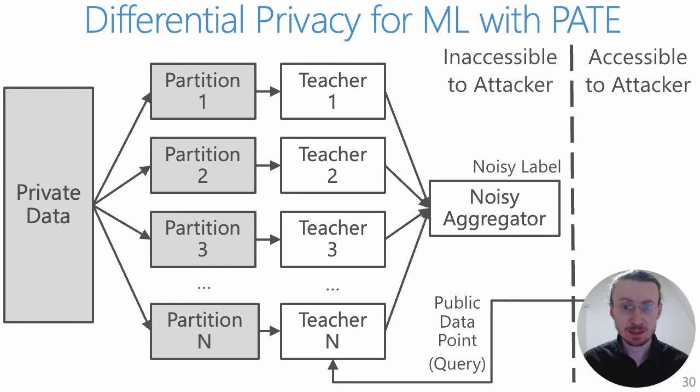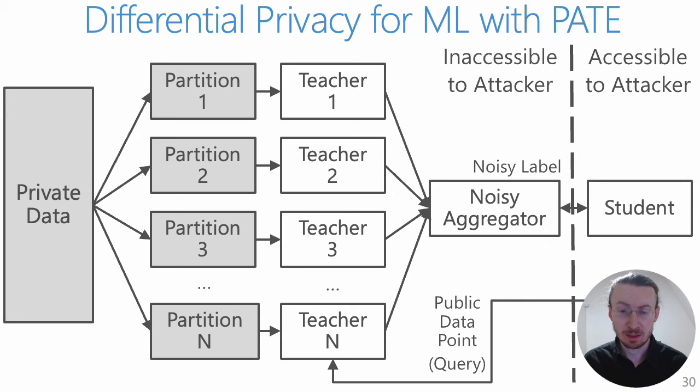Then we train a machine learning model called a teacher on each partition, and we do it independently for each partition. After this step, we obtain n teacher models. Next, when a new query comes, we run inference on each teacher and aggregate the predictions from these teachers. We use a public set of data and label them using the noisy aggregator.